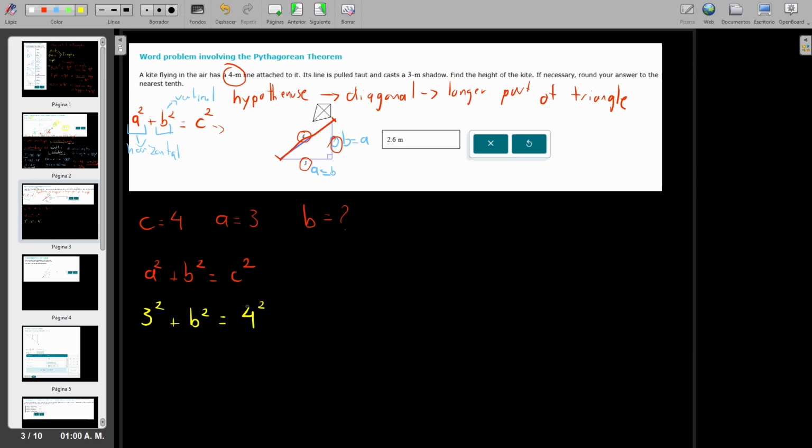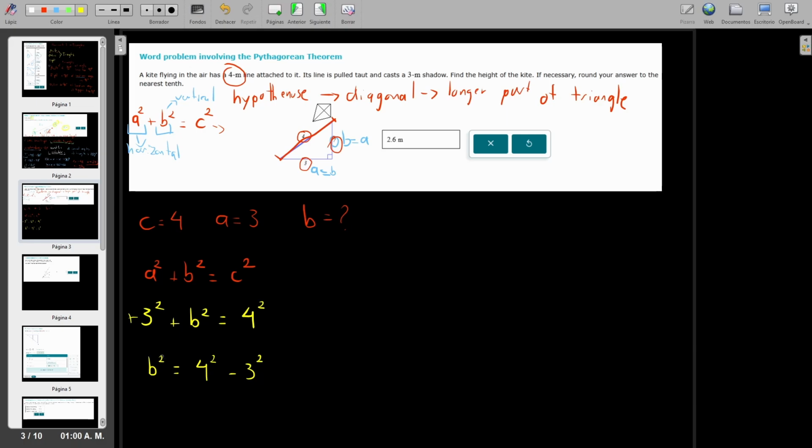Before we even begin to multiply to use the square, we need to be isolating for b. Now we need to be putting b in isolation. b squared is going to be 4 squared. This is plus, so it goes to the other side with a minus. Minus 3 squared. This is correct up to this point.